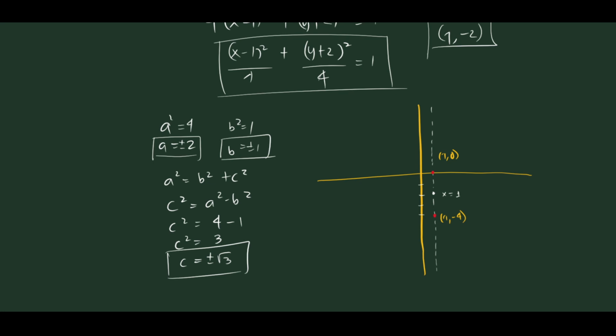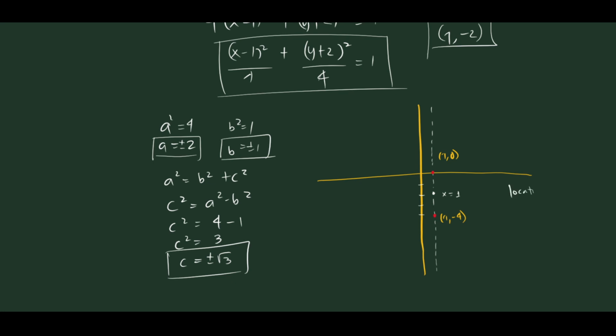Now how about the foci? The foci is the distance from the center to the focus, which is c. So we need to add and subtract square root of 3 to the y component of our center.